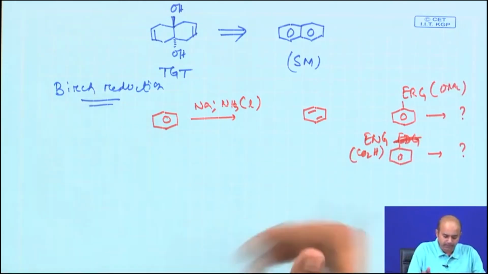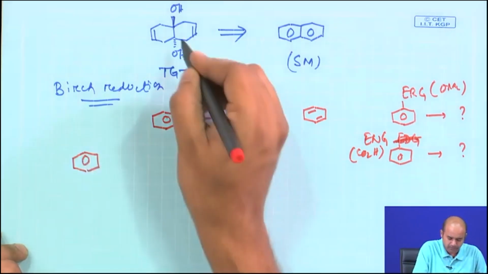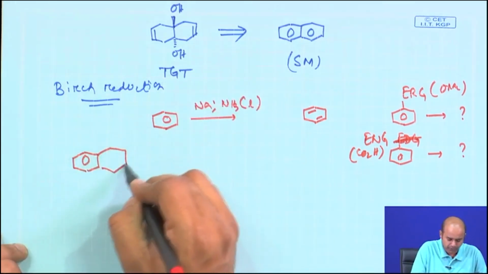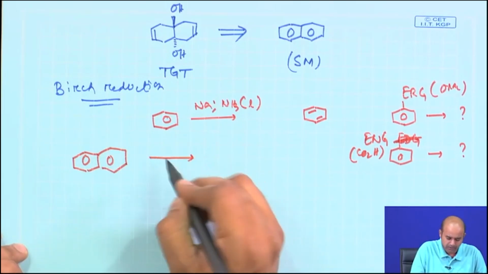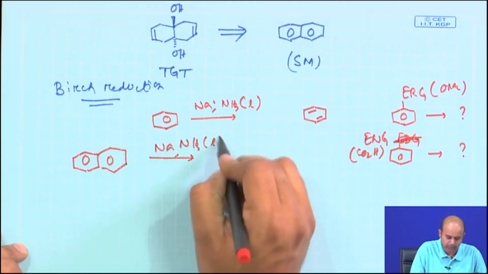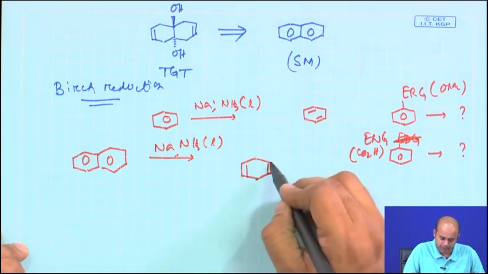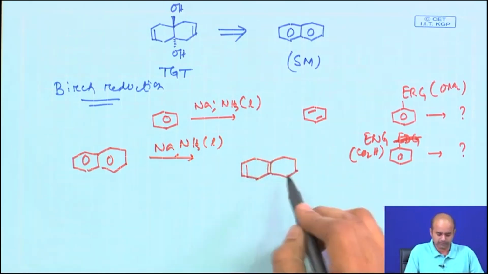Now, coming to the problem, the initial target was the molecule drawn here. You are given naphthalene, subject it to sodium and liquid ammonia, and for the naphthalene case you will get this kind of compound.